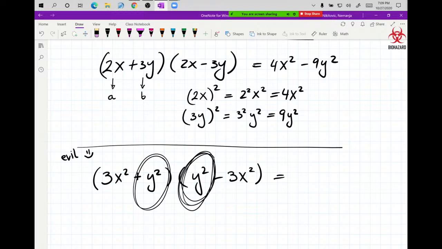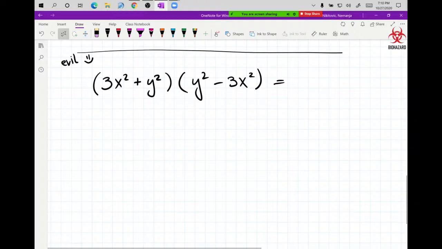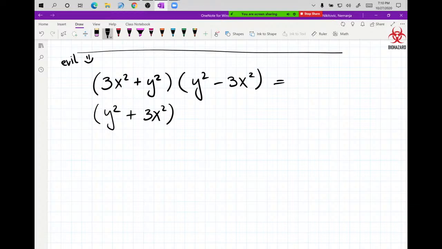Now, luckily, that's not a problem for us, because addition is commutative, so we can flip it around. We can't do this with subtraction. Subtraction is always the way it is. But addition, you can flip. And now you have your A, you have your B, and you can just write your answer right there.